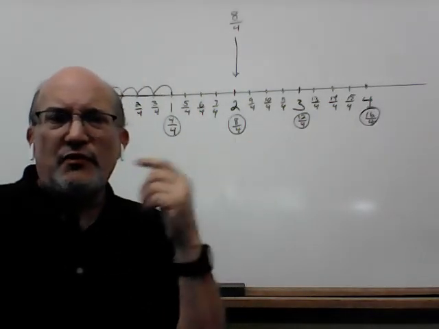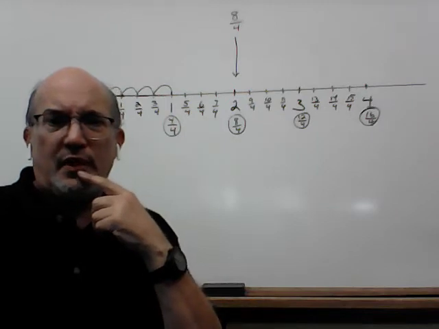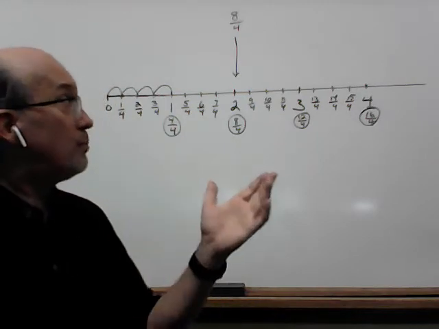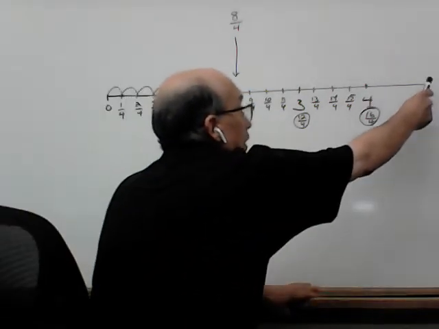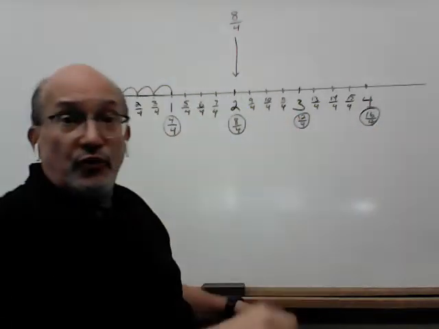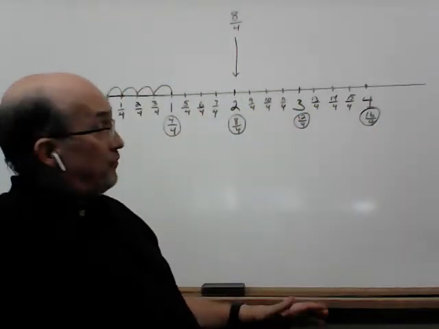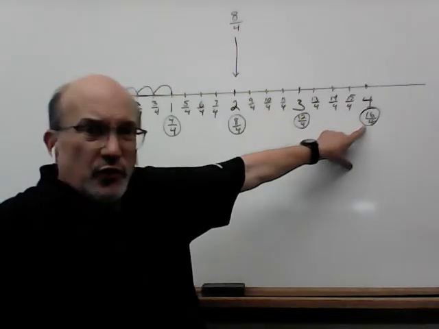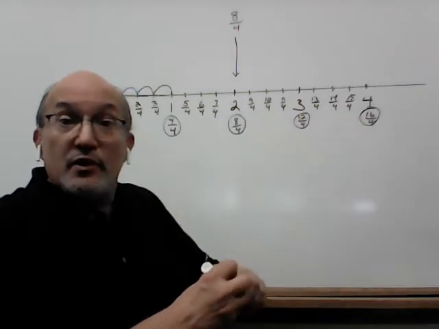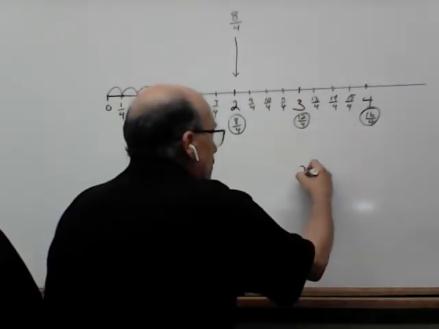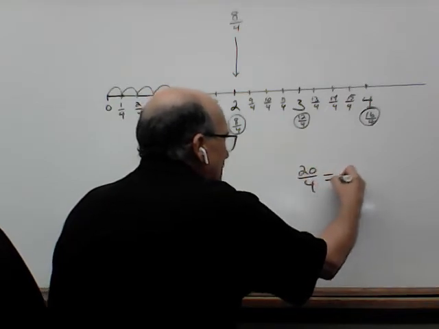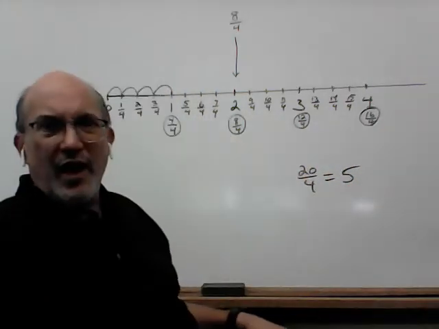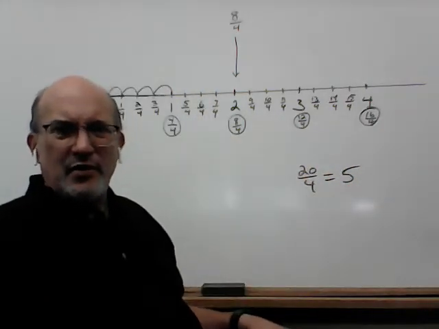How many fourths equal 5? Think about that. The whole number 5. It's down here somewhere. Well, we'd have to go 4 more fourths from 4. And if we go 4 more fourths from 16/4, aren't we going to be at 20/4? So 20/4 equals the whole number 5. Do you see a pattern?